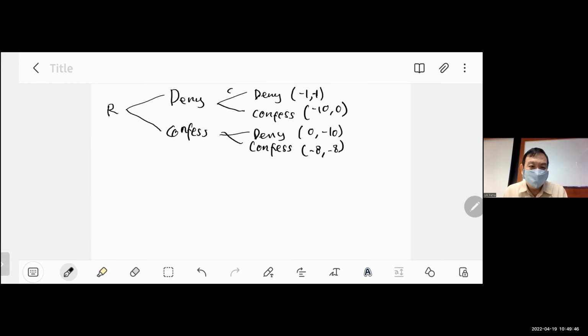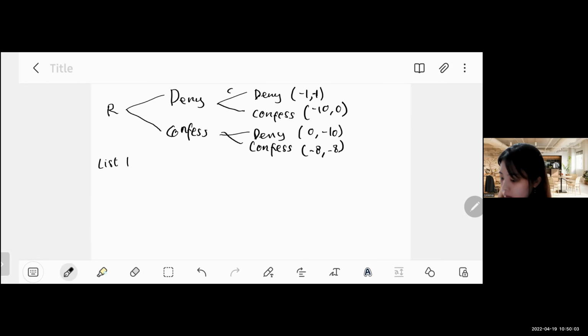And then if row selects deny, what will the column do? It will select confess. So you can just put under DC, right? We'll select this one. Yes, correct.